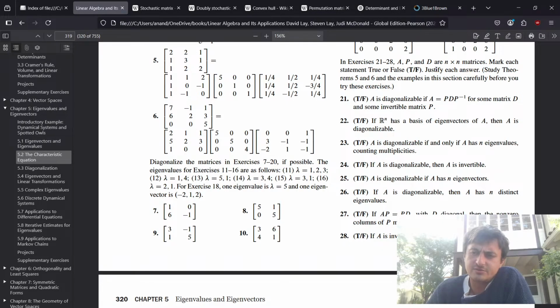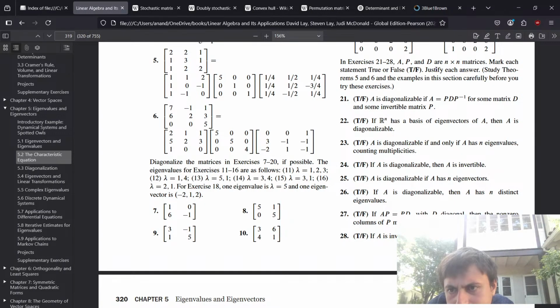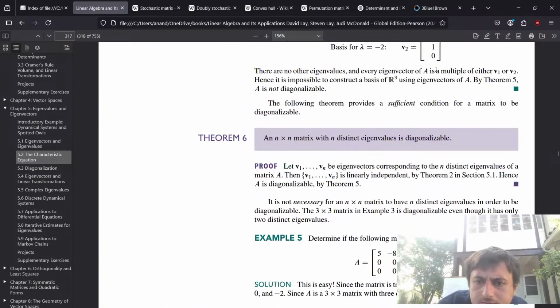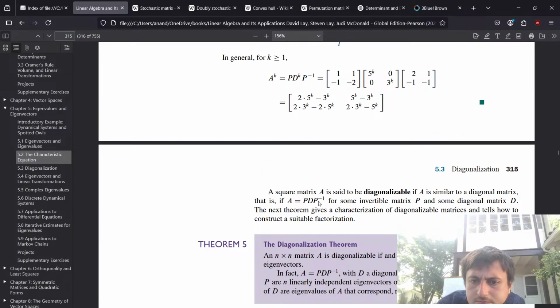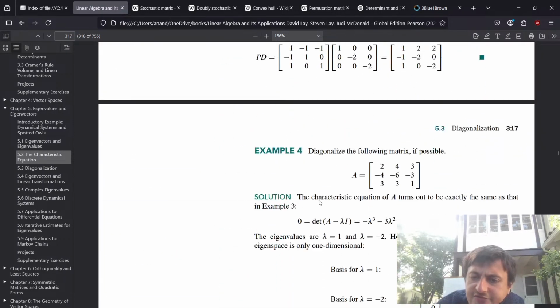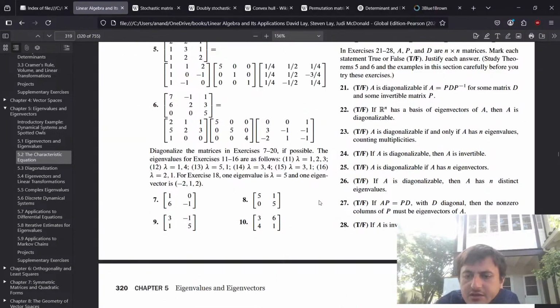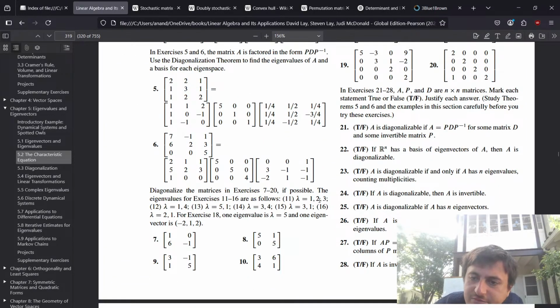A is diagonalizable if it's... no. See, that's false, because otherwise the name diagonalizable would be totally a misnomer. So 21 is false because it doesn't specify that D is diagonalizable.